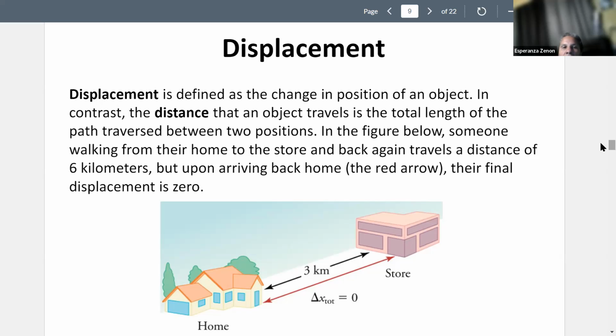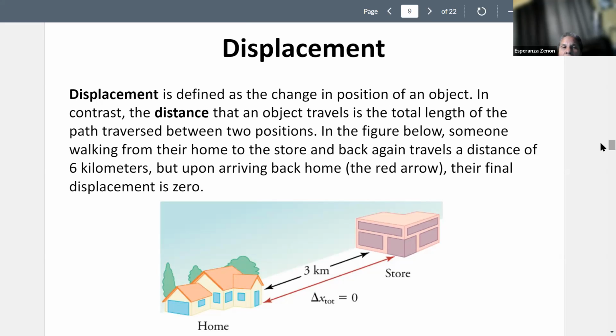So look at the two positions, any two positions, and figure out how far, and that's the distance. All right. And we need to be careful because distance and displacement aren't the same properties, and you'll see in the example I'm about to discuss, they can be very different for the same motion.